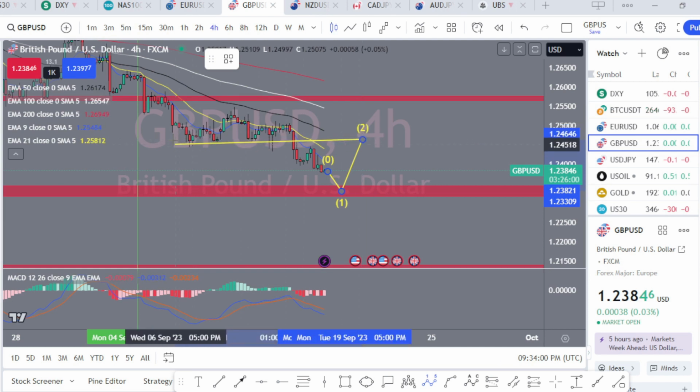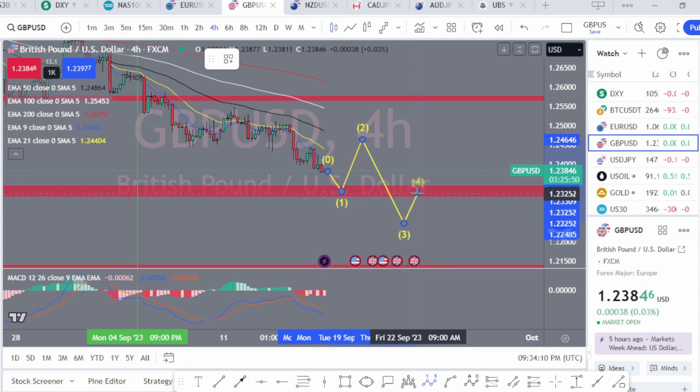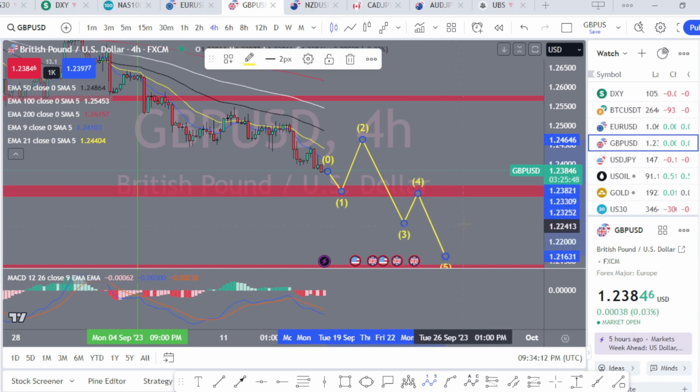See that area? This is the 4-hour resistance. It might come to test it. If it's going to continue down, it might break it, and I don't know what the news is going to be, and come back to test it to go even lower. That's a possibility. So for this week, we might have a trade here.